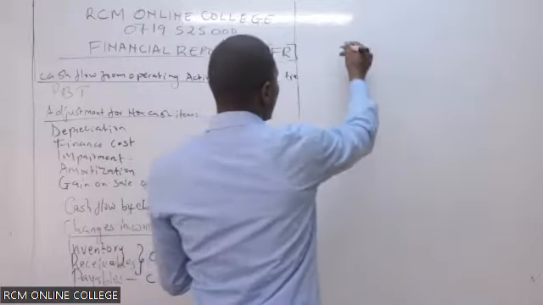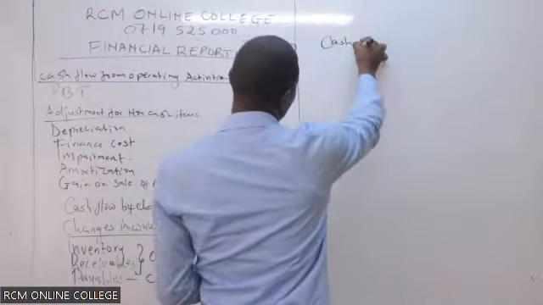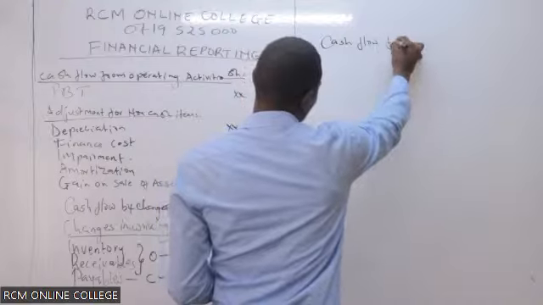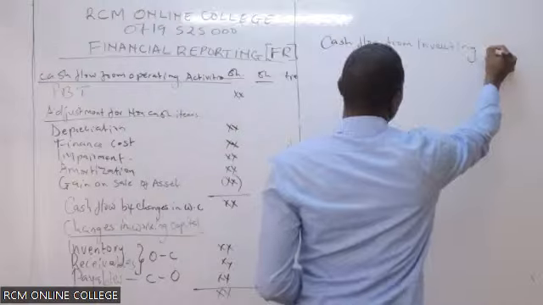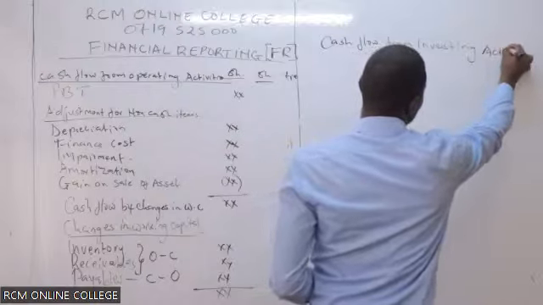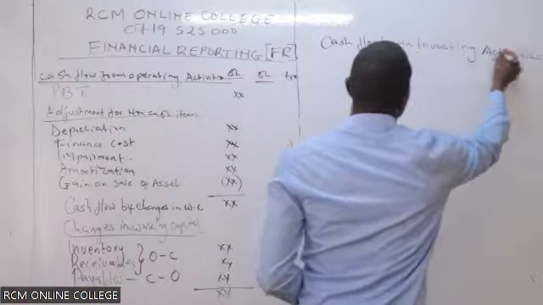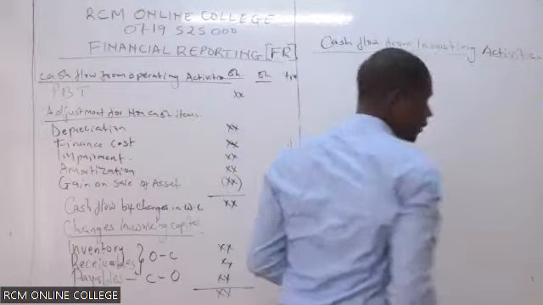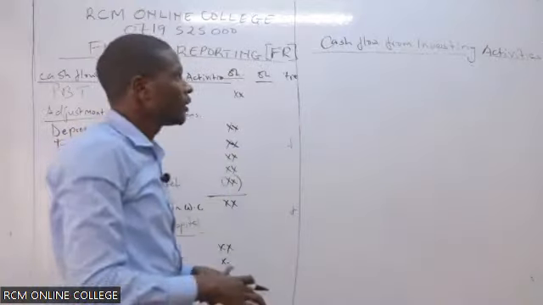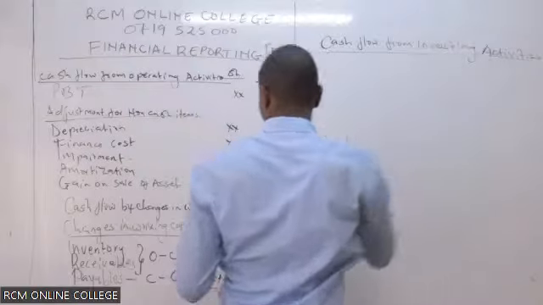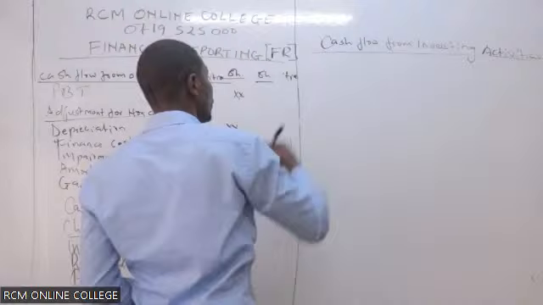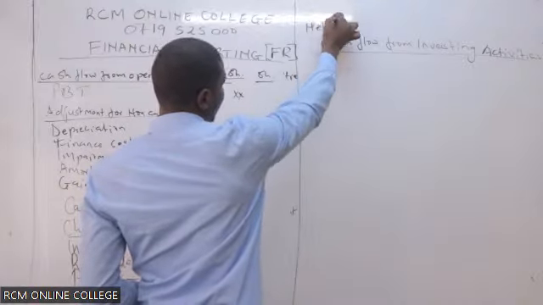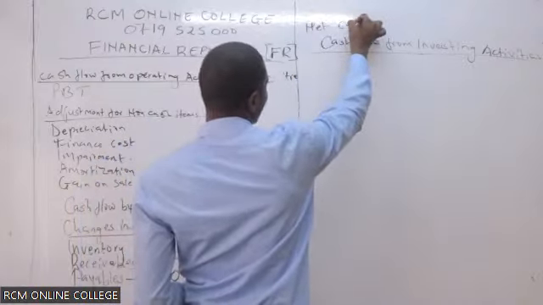Tutakuwa tumefika wapi? So the second one is cash flow from investing activities. Still 2 columns. You are proceeding with this one, but remember at the end here we have net cash flow from operating activity.